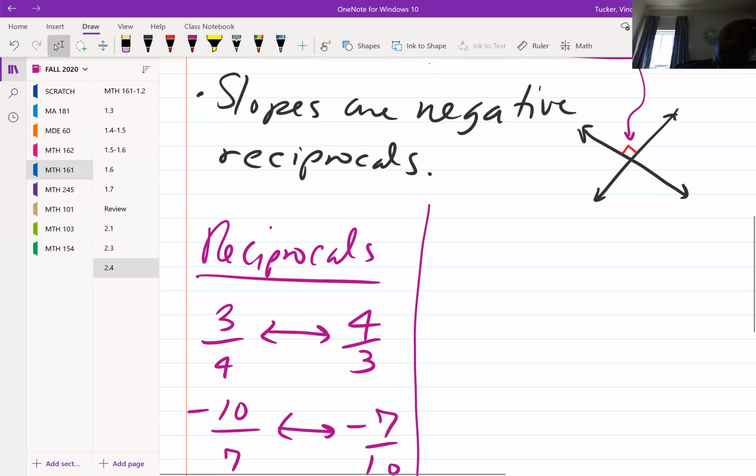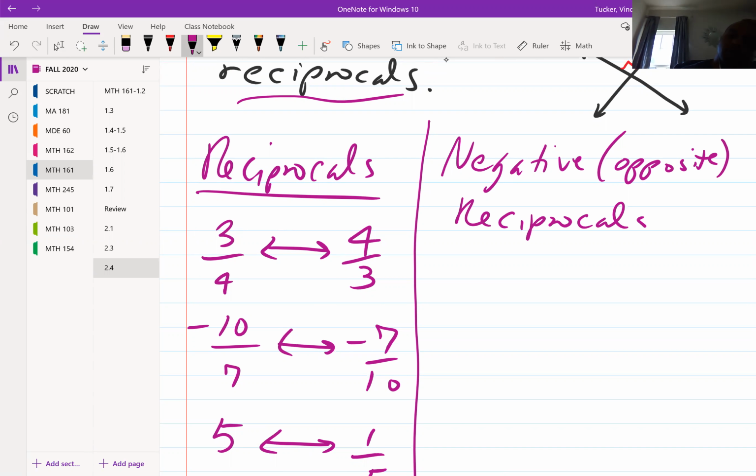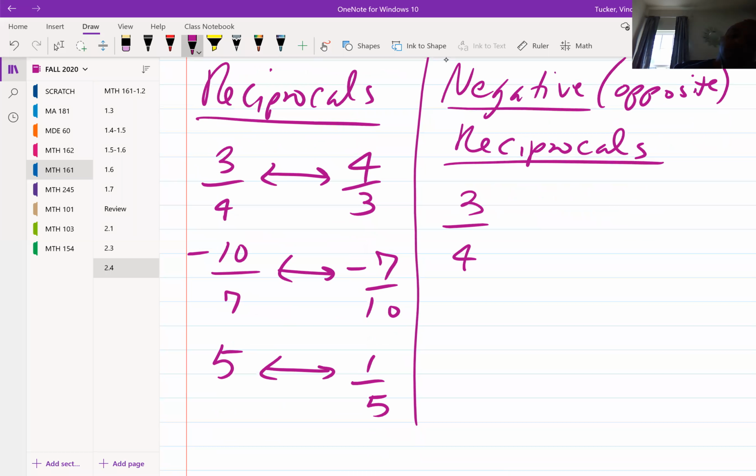But what we need is a negative reciprocal. Negative in mathematics means opposite. So if I have 3/4 and I want the negative reciprocal, not only will I flip the fraction, but I also will use the opposite sign.